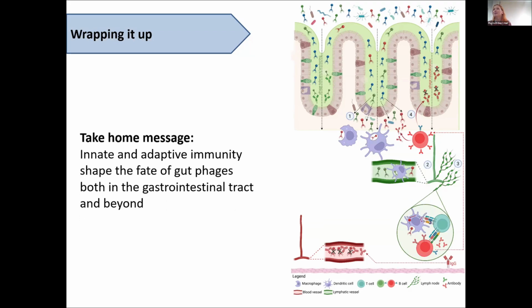My take-home message for you is that we have immunity, including innate and adaptive immunity, that strongly shapes the phage fate in the gut, but also at the same time in the whole body.